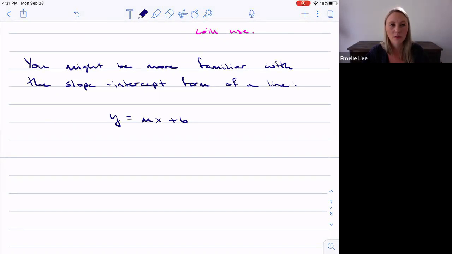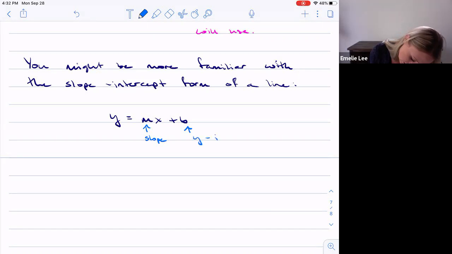Probably sounds more familiar from hopefully high school. Right, where m is the slope and lowercase b, right? So the case of these letters is going to be important, right? Lowercase b is the y-intercept.